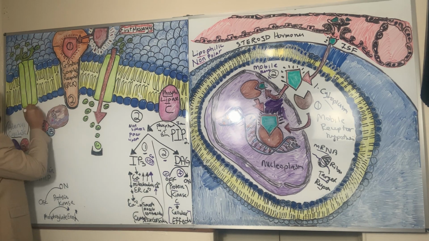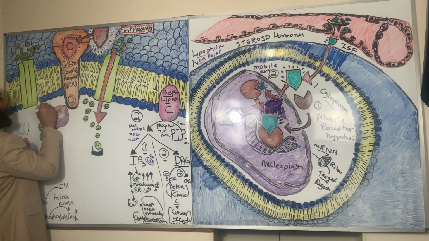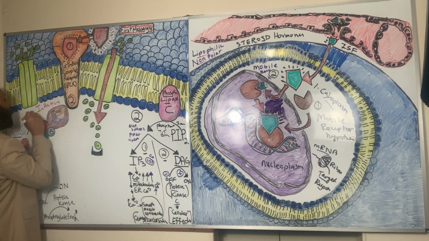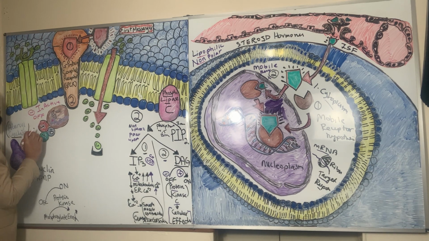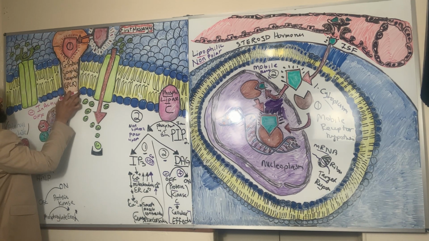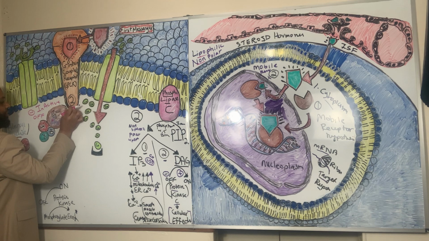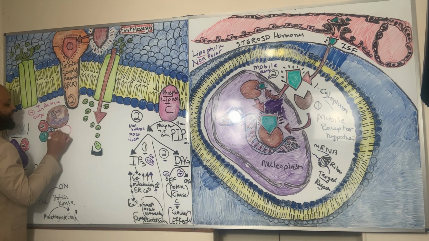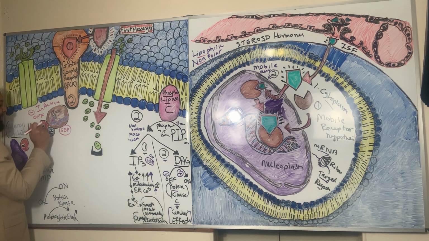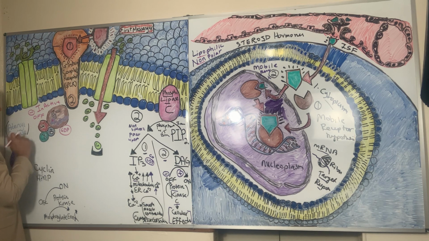So the inactive off form, the minus form, will have the inactive receptor attached to a G protein attached to GDP, as in dog, GDP, attached to alpha, beta, and gamma.